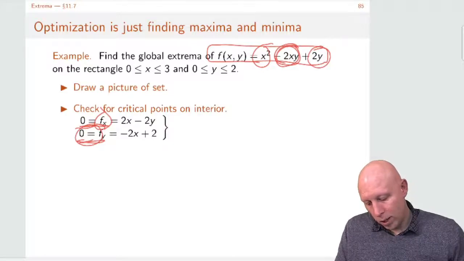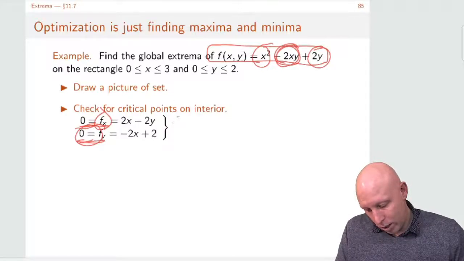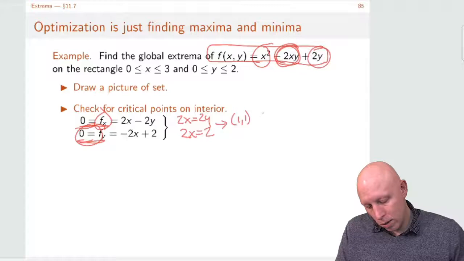So we now need to solve this. We get 2x equals 2y, and we get 2x equals 2. So this is telling us that (1, 1) is critical, and that is in our domain.